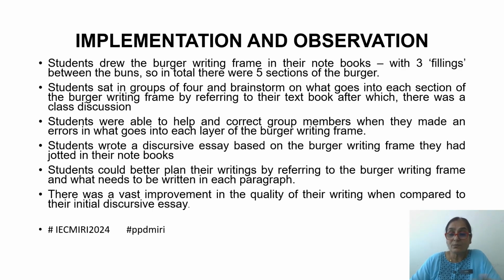Once we were all on the same wavelength, they had decided what goes into the 5 layers of the burger frame. Then they wrote a discursive essay based on the burger writing frame. They used it for their reference, and they were able to write properly.